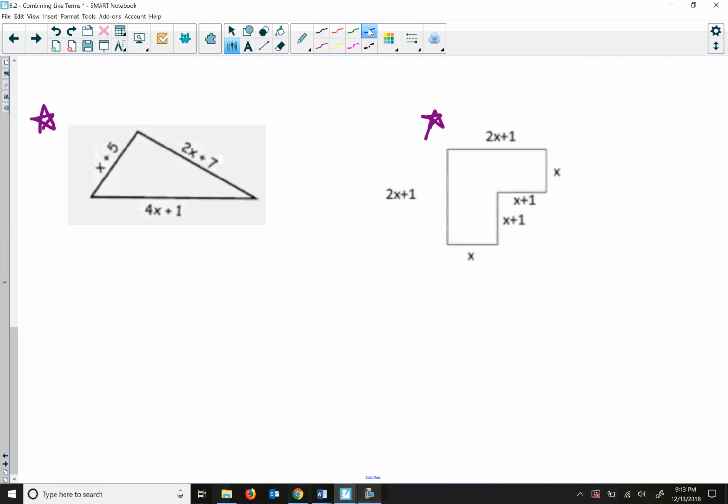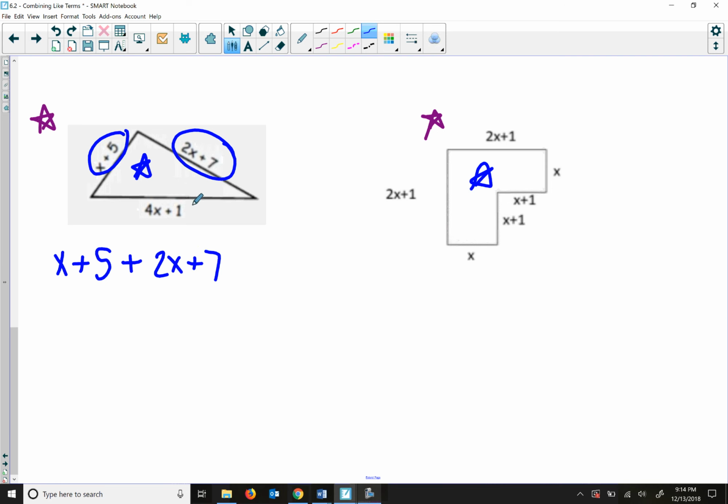So for these last two problems, we're just trying to find the perimeter of this triangle and the perimeter of this odd shape here. And you guys know that the perimeter is just all of the sides added together. So it's x plus 5, plus this side, 2x plus 7, plus this side.